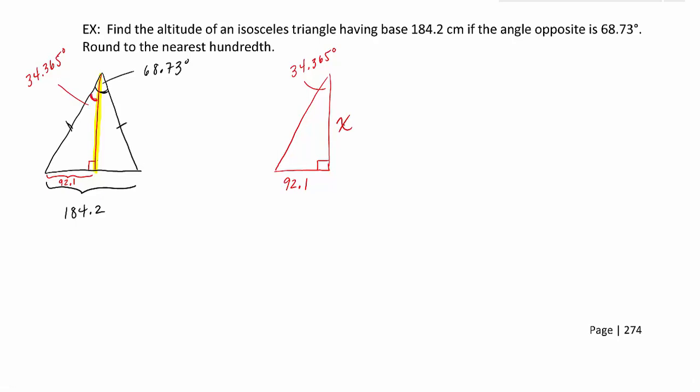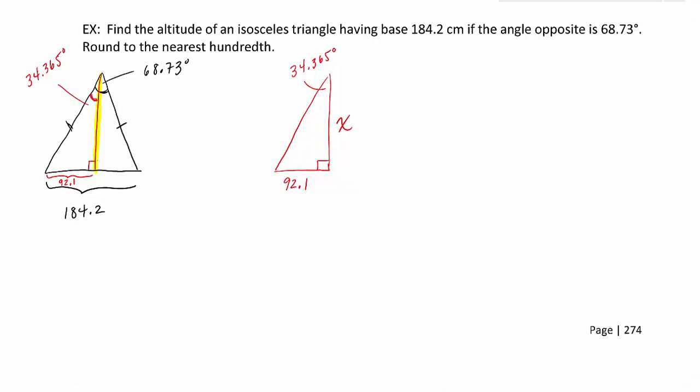Now we want to use one of our three basic trig functions to relate this one angle and two sides. So from our angle 34.365 degrees, we have the side that is opposite and the side that is adjacent.